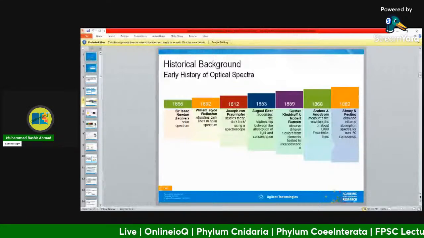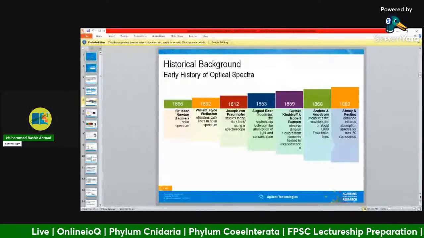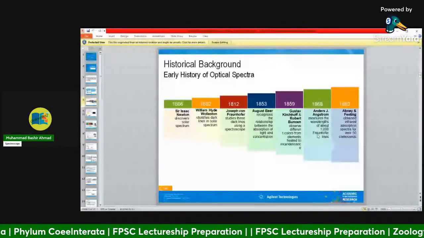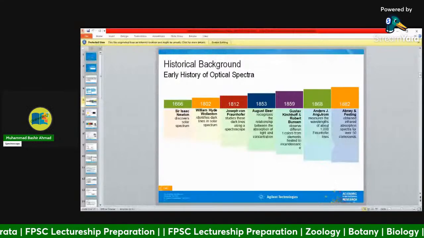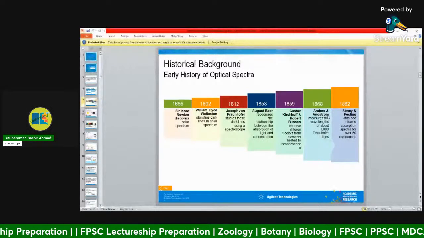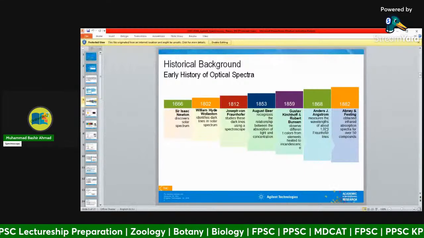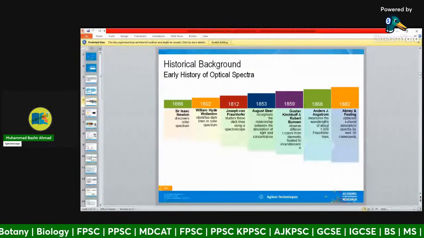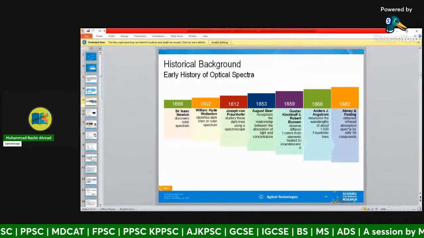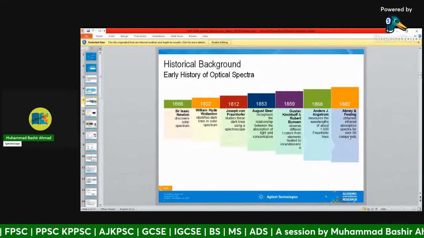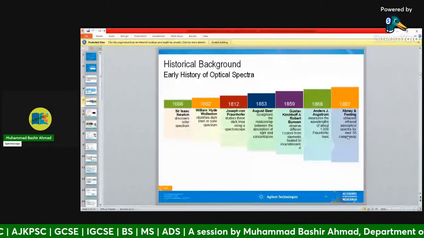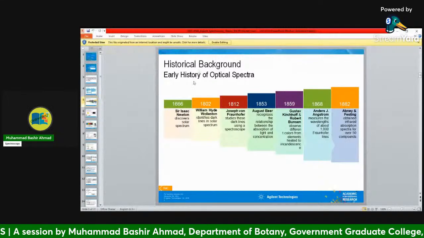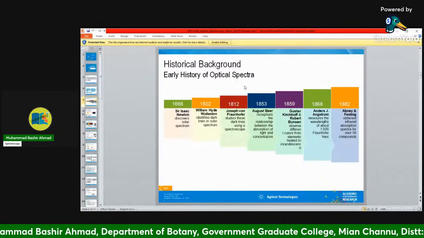In 1868, there is another milestone by Anders J. Angstrom, who measures the wavelengths of about 1000 Fraunhofer lines. In 1882, Abney and Festing obtained infrared absorption spectra for over 50 compounds. So this is the historical background, the early history of optical spectra.